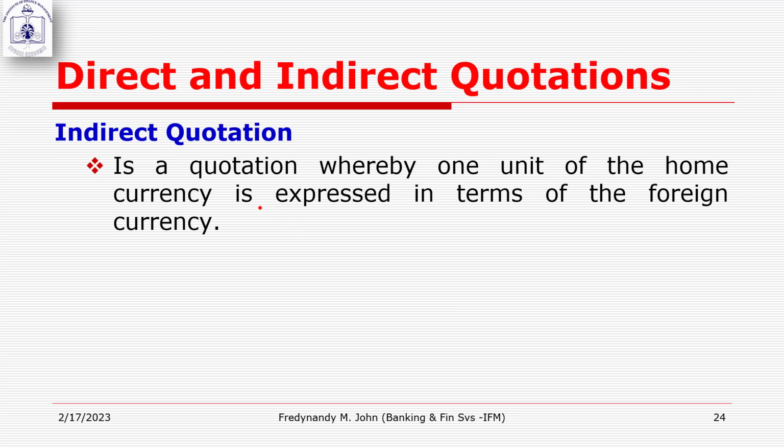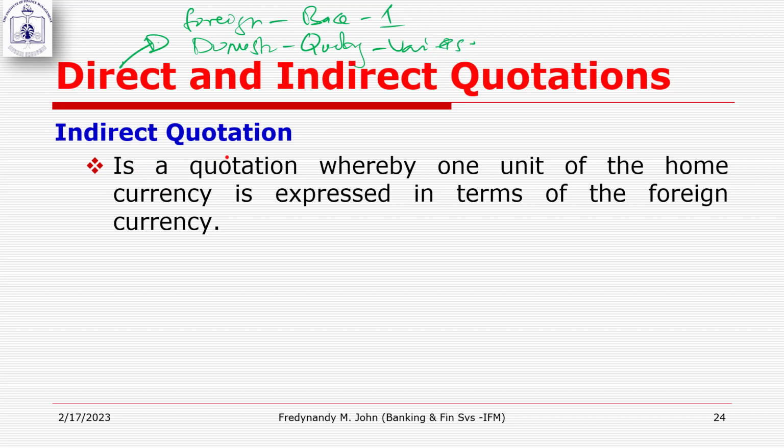Remember, when we discussed direct quotation, we saw that foreign currency was a base fixed at 1, and domestic currency was simply a price currency or quoting currency, which varies.